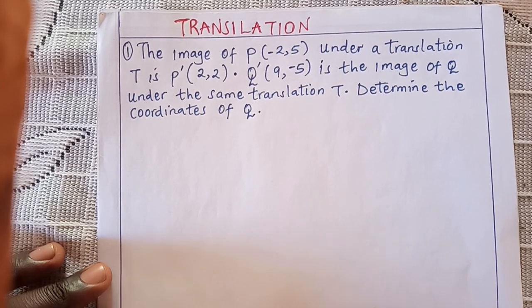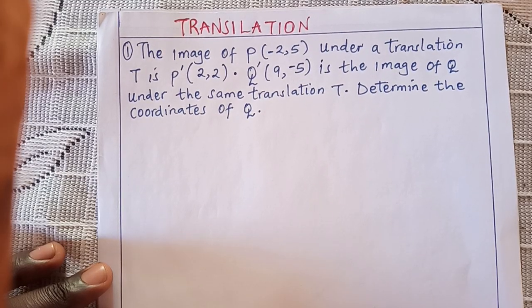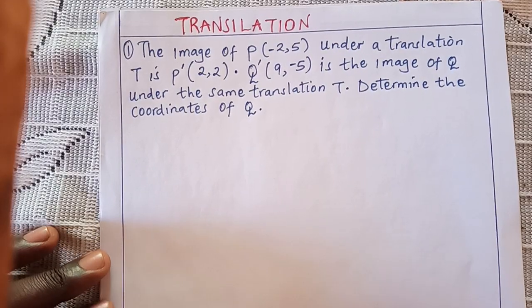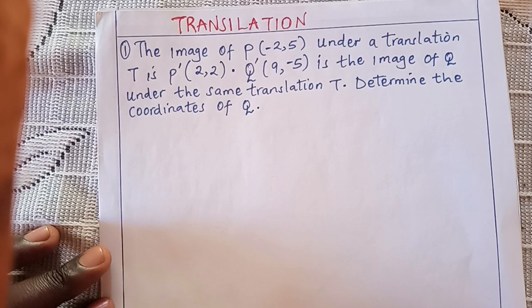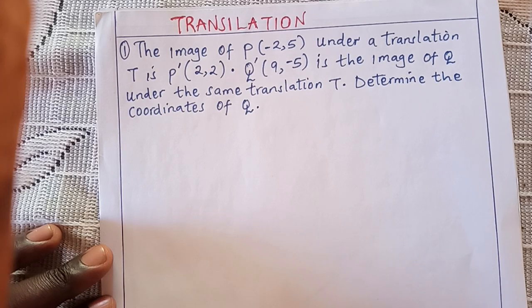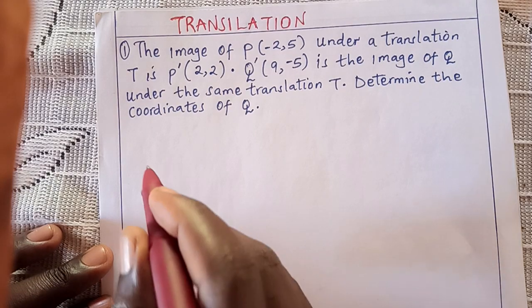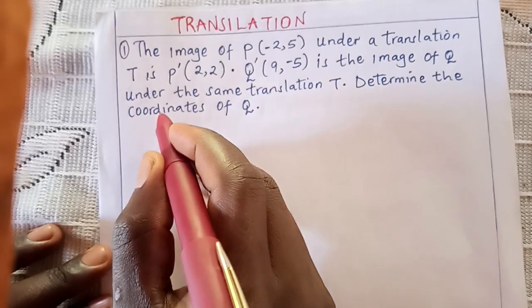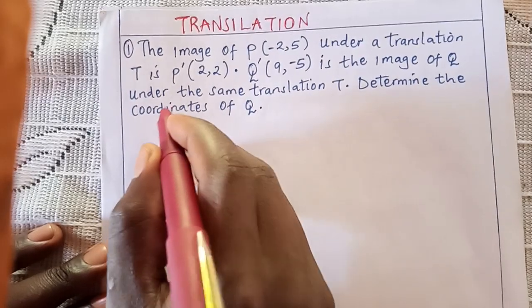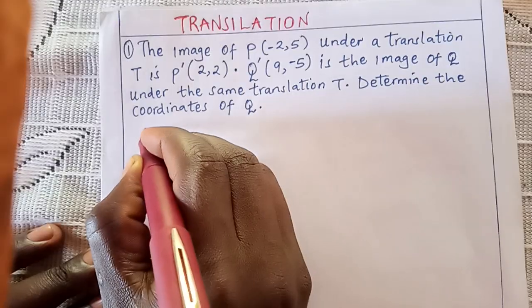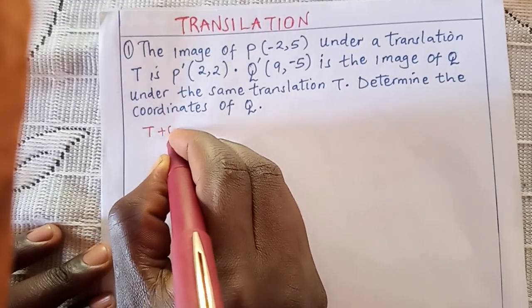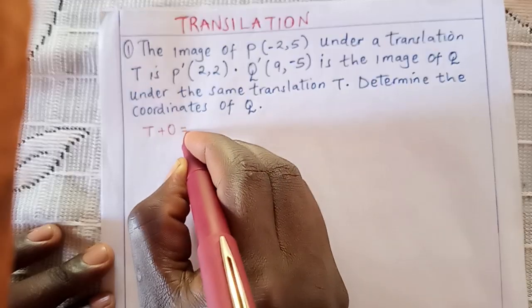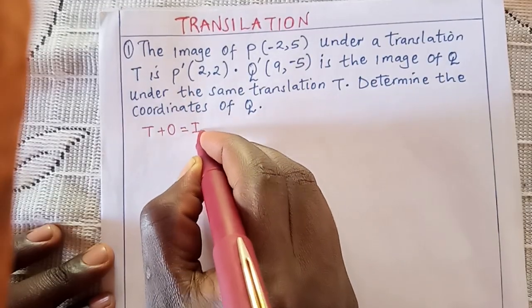Now, first of all, we need to get this first point, the details I was talking about that are very important. The first point says that anytime you have a translation plus object, it is going to give you the image.